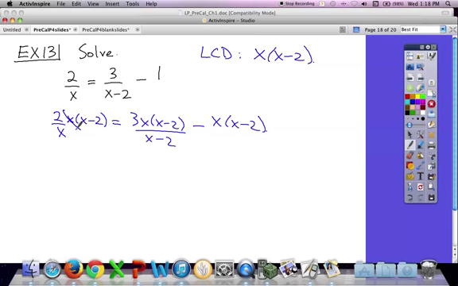X cancels x. X minus 2 cancels x minus 2. What's left? 2x minus 2, which is 2x minus 4, equals 3x minus, and I'm just going to simplify, this is x squared plus 2x.